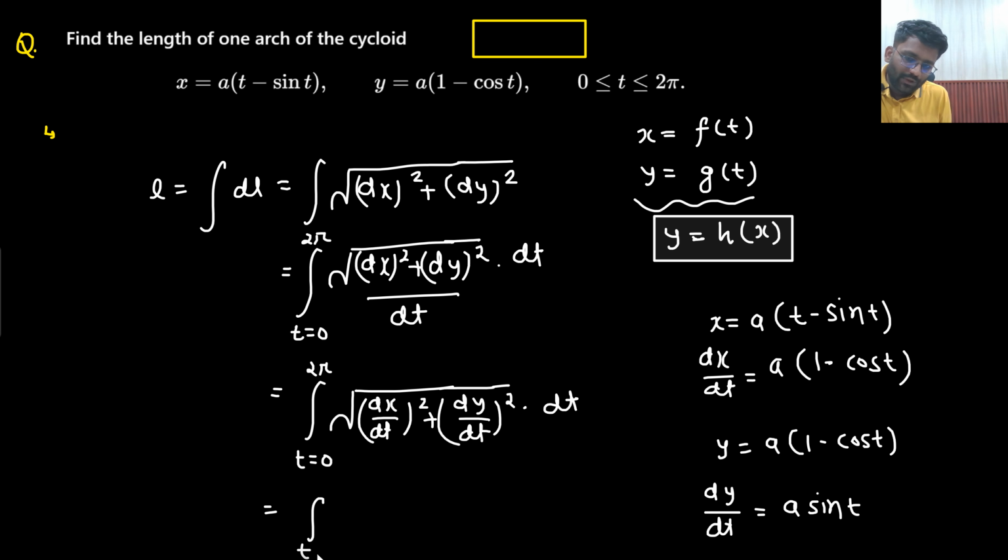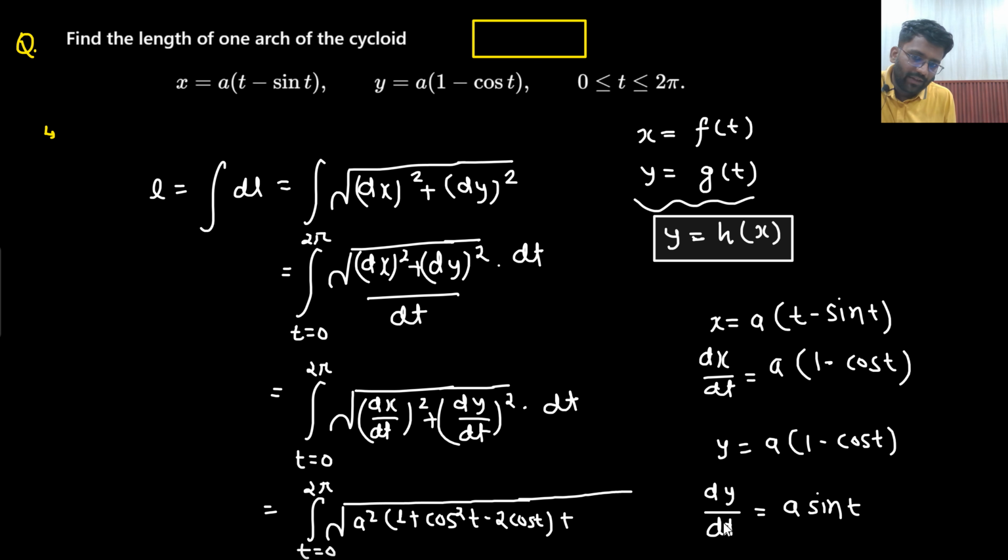Right? So what you are getting? t going from 0 to 2 pi under root dx by dt whole square. What you will get? a square outside, whole square of this will be 1 plus cos square t minus 2 cos t, plus dy by dt whole square will be a square sin square t dot dt. Understandable? Is that clear to you? So a square you can take common. What you will be getting?